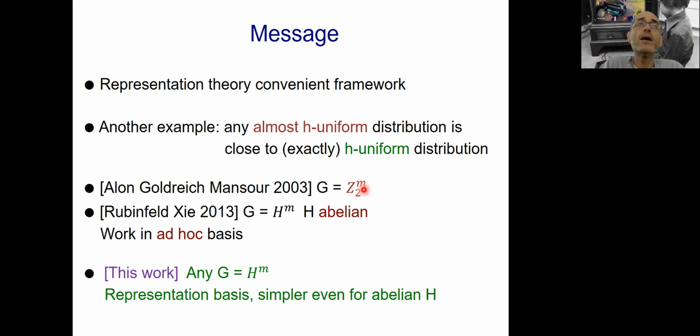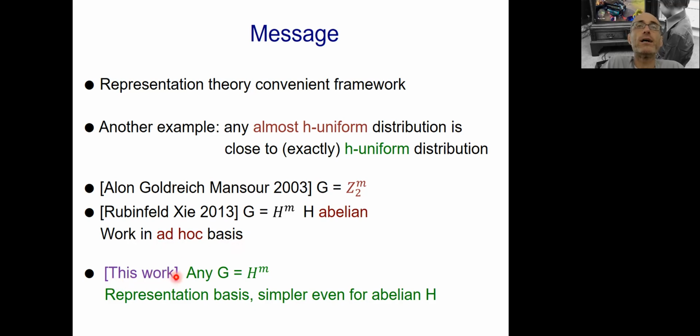Later, Rubinfeld and Xie generalized this to groups of the type H to the power m, where H is abelian. So they generalized this to any product abelian group. Their proof is somewhat technical, and they have to work in an ad hoc basis to accomplish this.